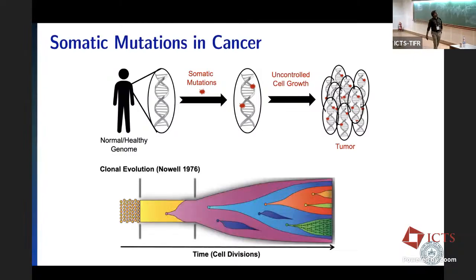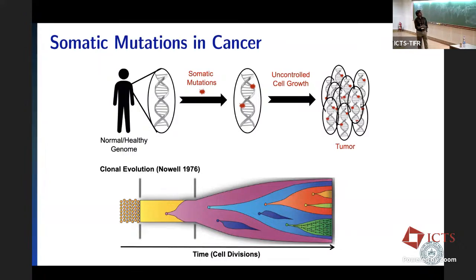It turns out that in 1976, Peter Nowell came up with this theory of clonal evolution, where basically he was saying that there are multiple tumor subpopulations which are arising over time, and cancer is basically a hotspot of tumor mutation accumulation and selection process. What we see over here is that the x-axis represents time in terms of cell division.